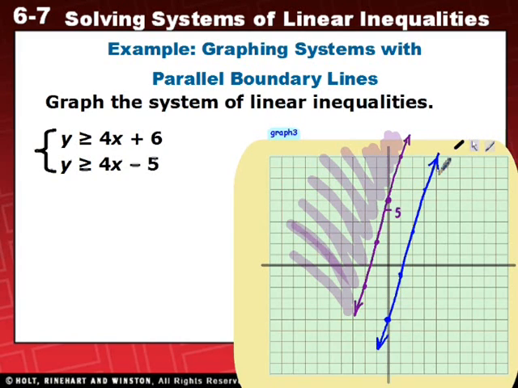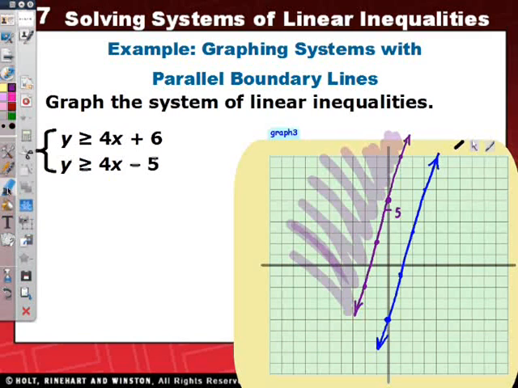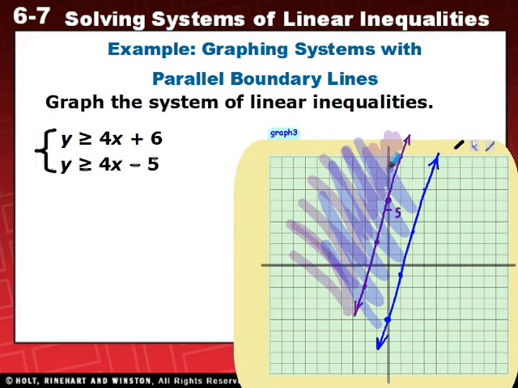And shade. And we're shading above the line also. So greater values of y. Our double shading is over here above the purple line. So these would be solutions, right, over here to the system of linear inequalities.